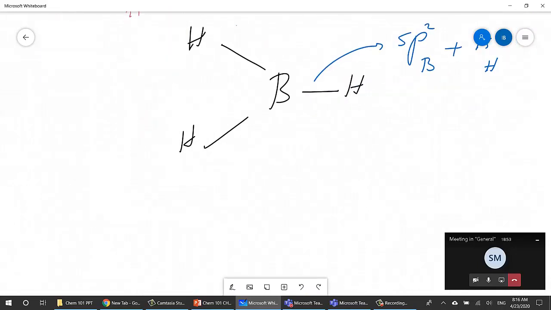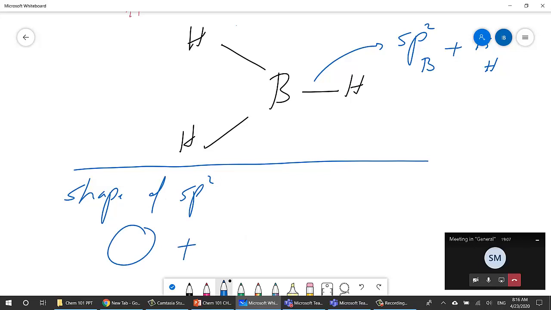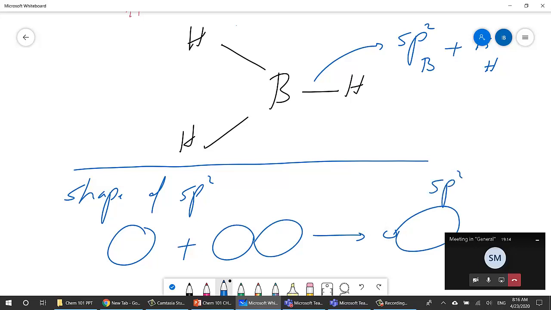Now, what is the shape of the sp2 orbital? The shape of sp2 is that you have an s orbital mixing with a p orbital. It's going to make you one big lobe and one small lobe, a very similar shape.